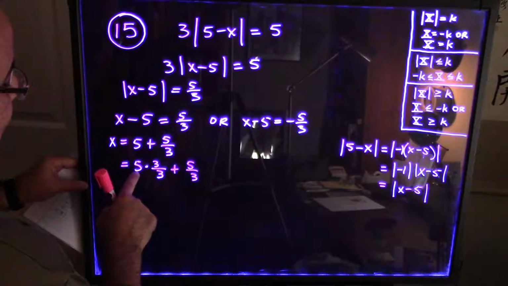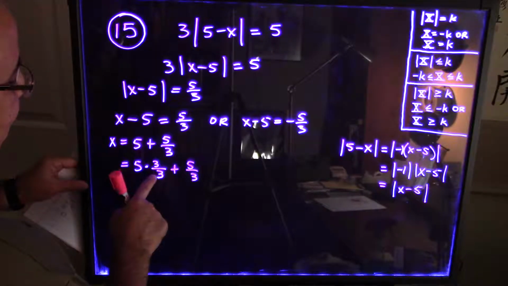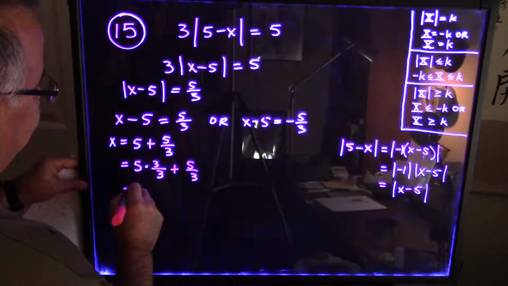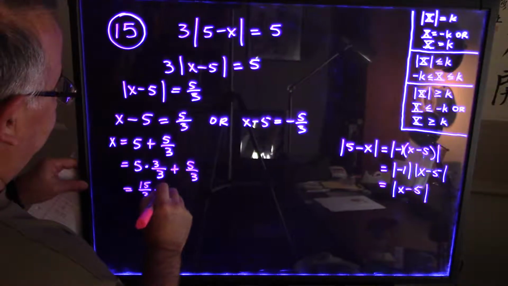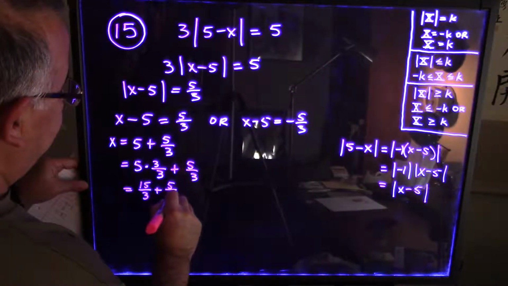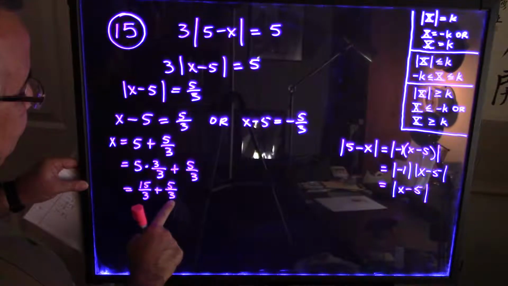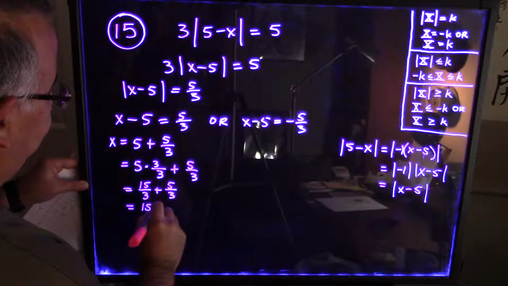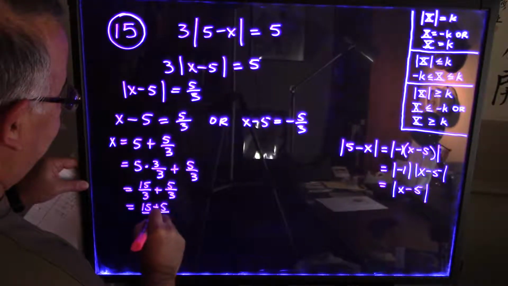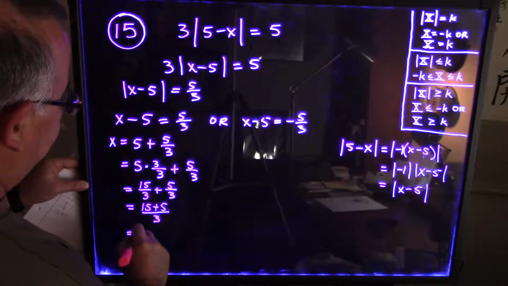Think of that as 5 over 1 times 3/3, that's 15/3, plus 5/3. Now that they have the same denominators, we can just add the numerators. That's 15 plus 5 all over 3, which is 20/3.